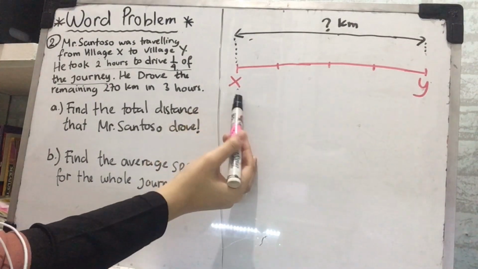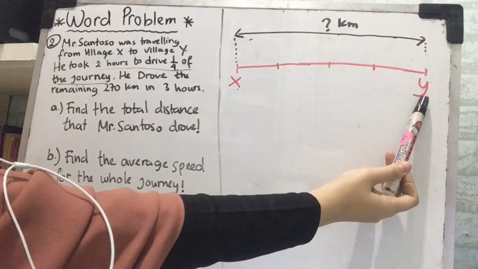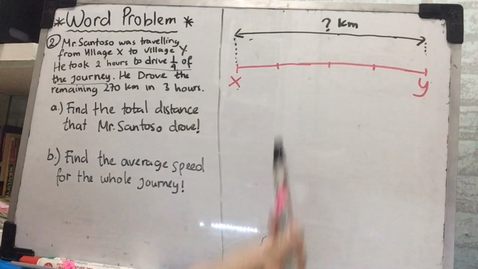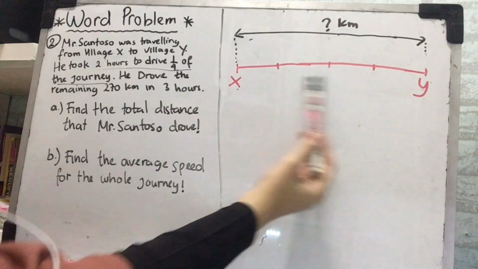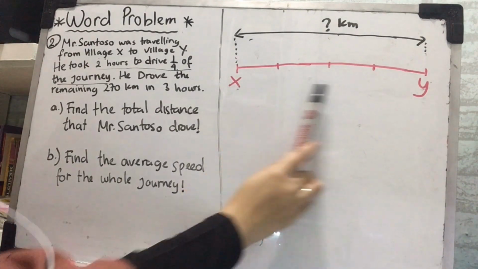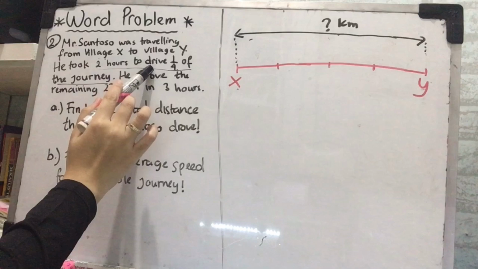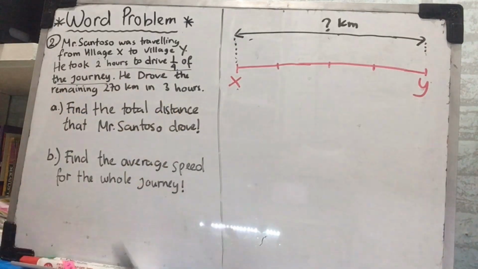Okay, this is the village X. This is the village Y. We can draw this red line as the total distance of the journey from village X to village Y. Here it is mentioned he took 2 hours to drive 1/4 of the journey.